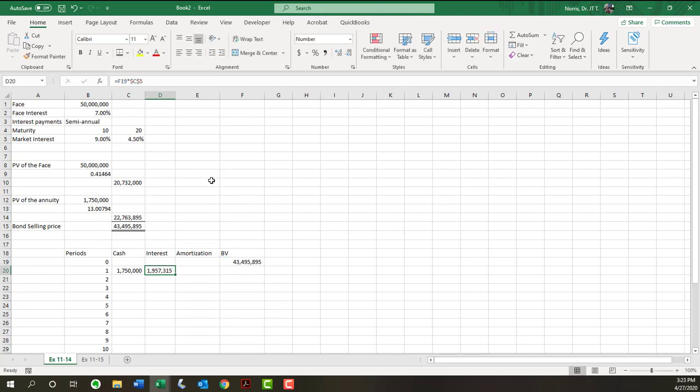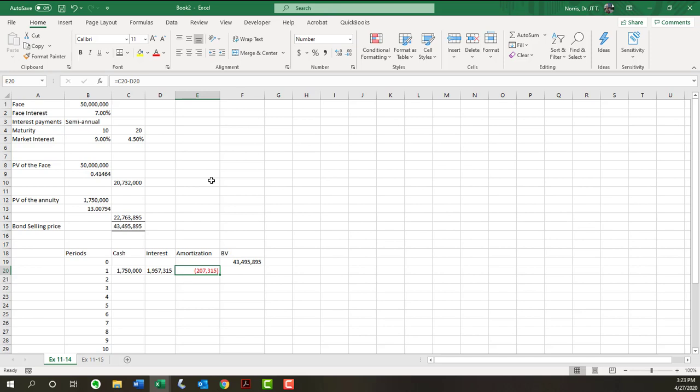So in this case, what the investors wanted in order to make an investment of similar type risk was 1,957,315. You didn't give them that. You gave them cash of 1,750,000.